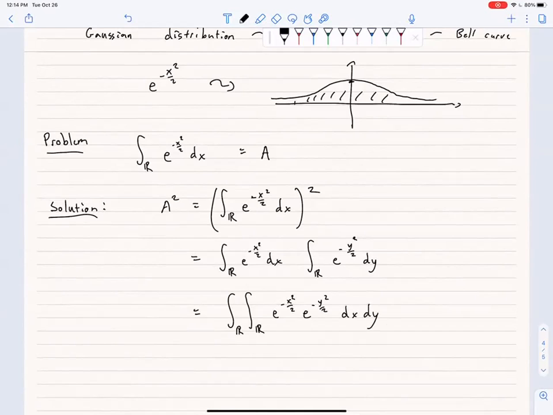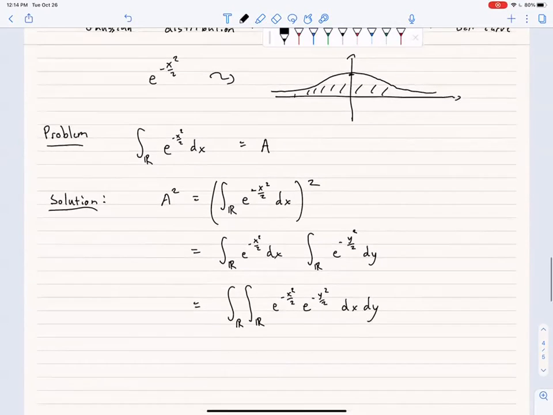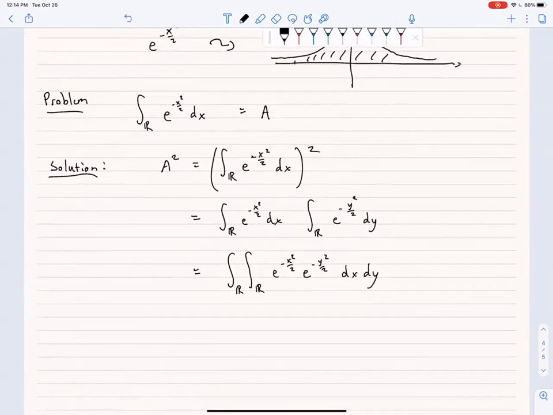Now, Fubini tells me, and there is a Fubini theorem for unbounded regions so long as everything is integrable, as it is here, Fubini tells me that this is also the double integral over R squared, the entire plane. And here I can just use my power law, X squared plus Y squared.